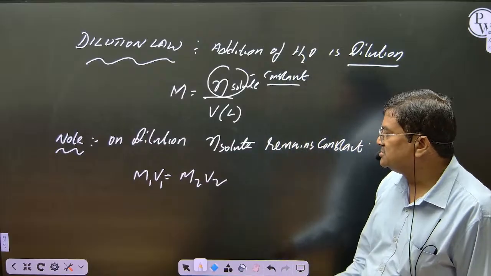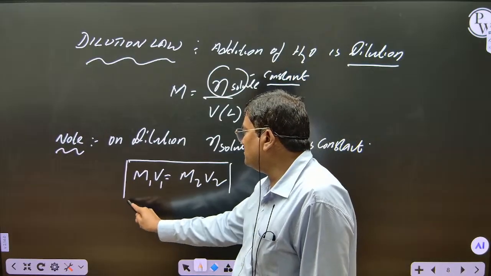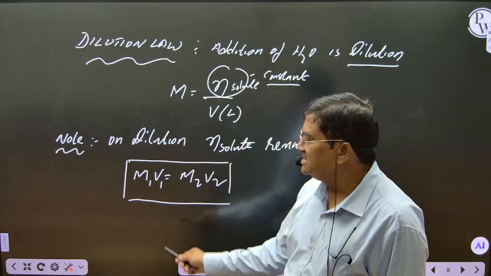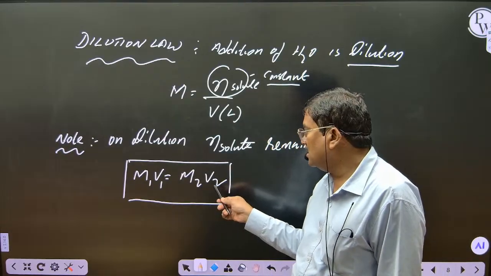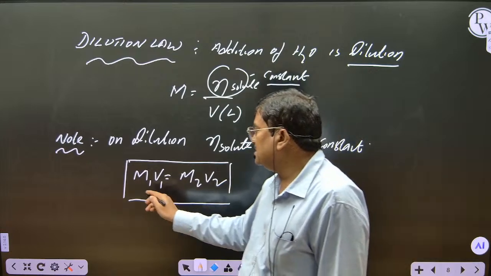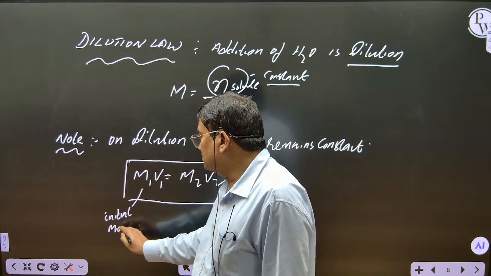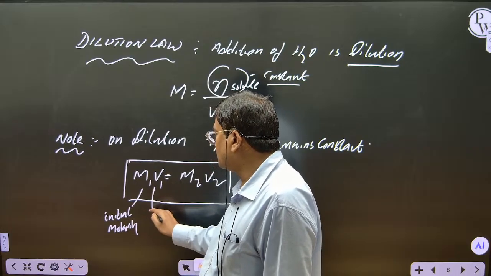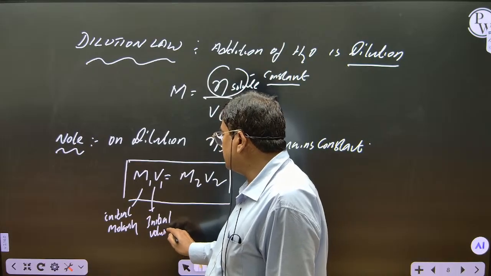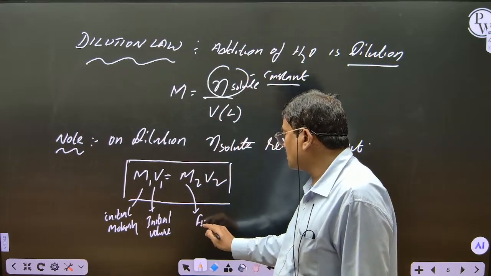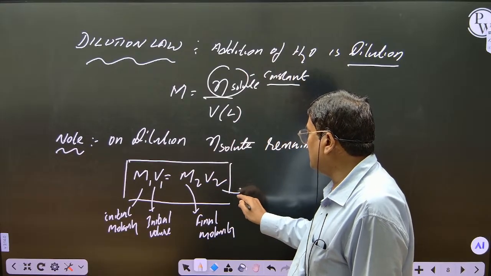So for two solutions, this is the relation for dilution law, where M1 is initial molarity, V1 is the initial volume, M2 is the final molarity after adding water, V2 is the final volume.